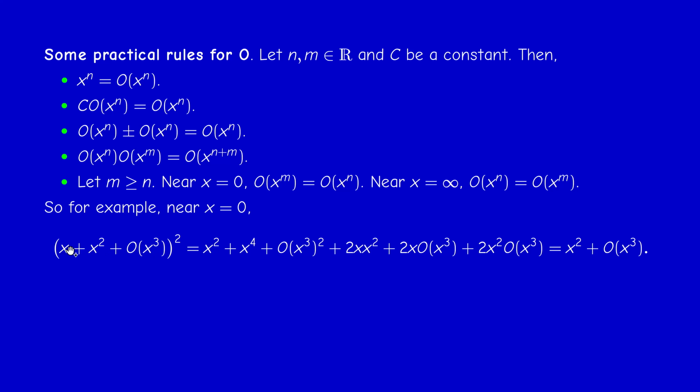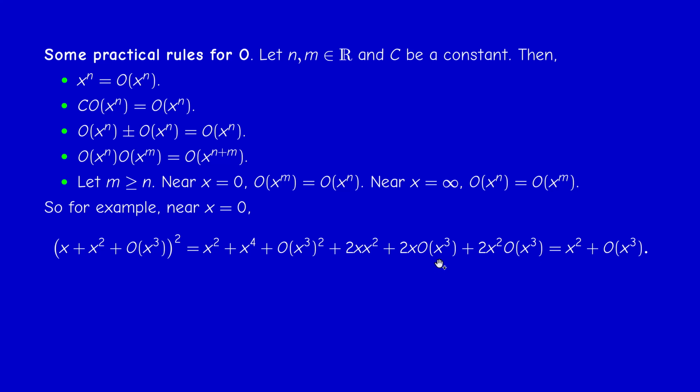So I have something like (a plus b plus c) squared, which is a squared plus b squared plus c squared plus 2ab plus 2ac plus 2bc. When I do the computation, I get x squared plus x4 plus big O of x cubed squared, which is big O of x6, plus twice x squared times big O of x cubed, and x times big O of x cubed, and x squared times big O of x.